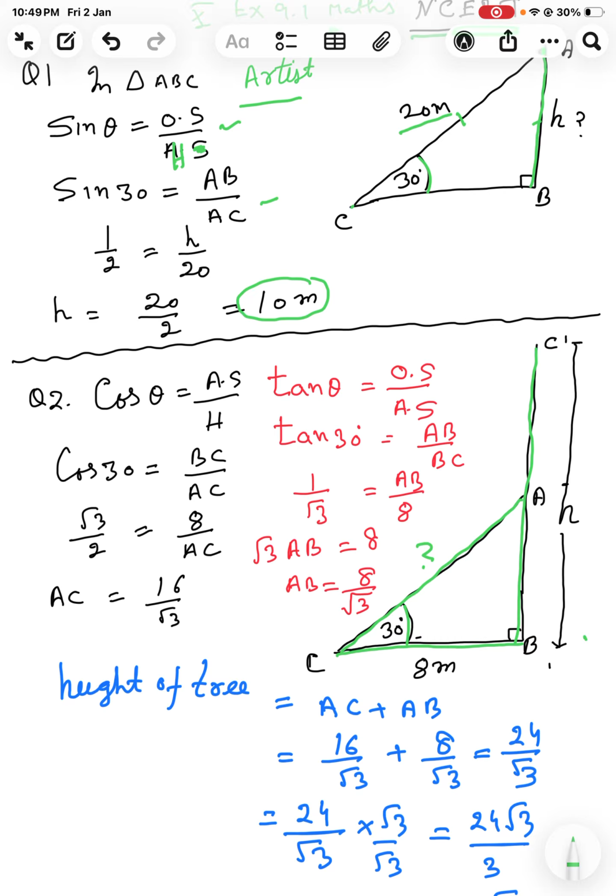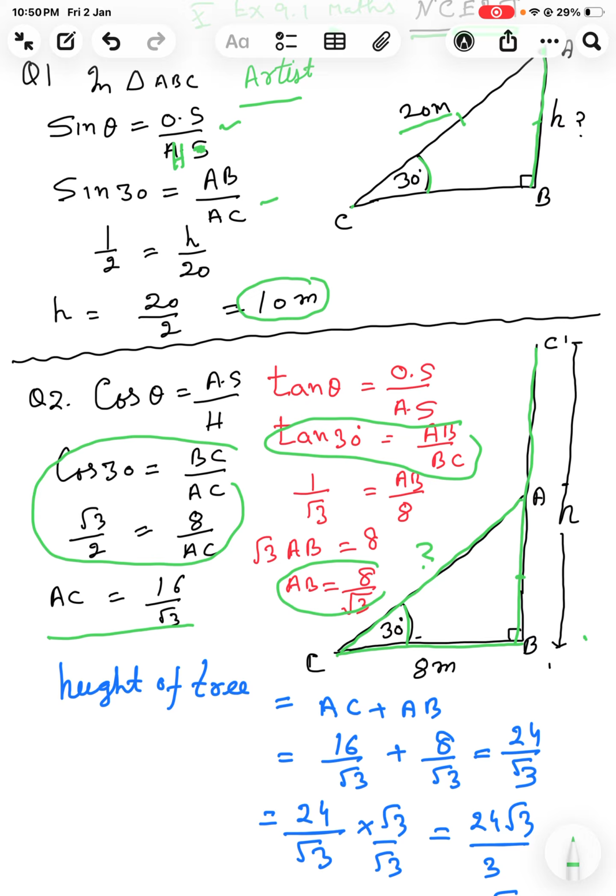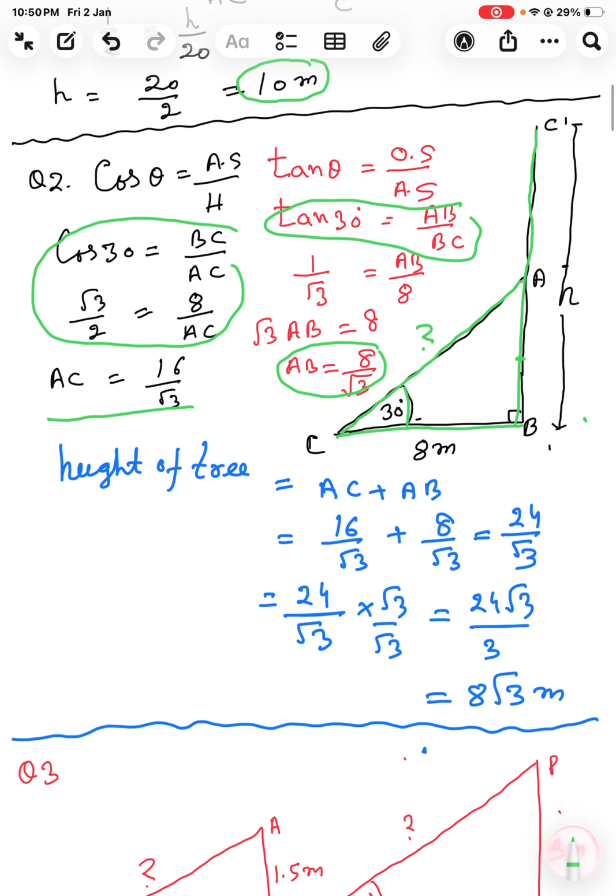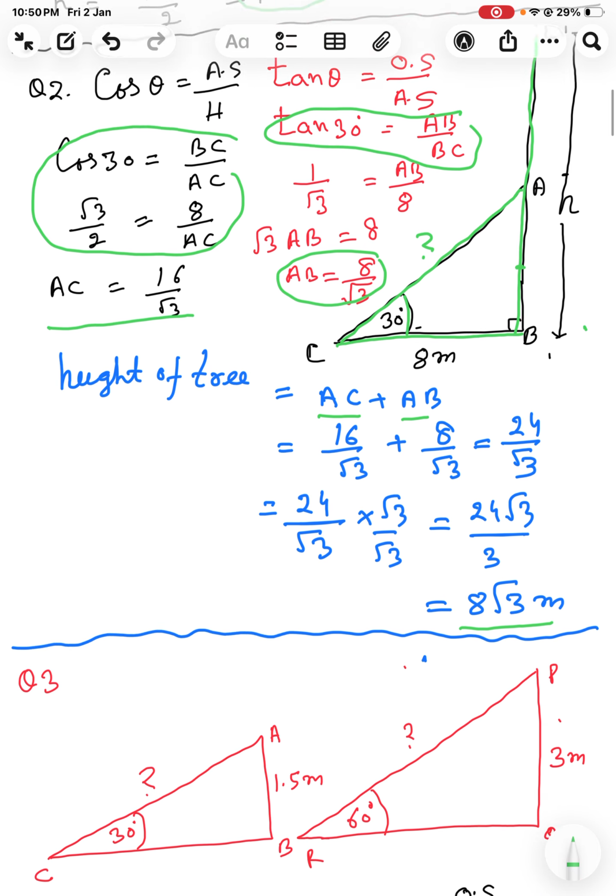Therefore, apply cos 30, and we get AC equal to 16 upon root 3. To find AB, apply tan 30, that is AB equal to 8 upon root 3. Then the height of the tree will be the broken part plus the remaining part. The answer is 8 root 3 meters.